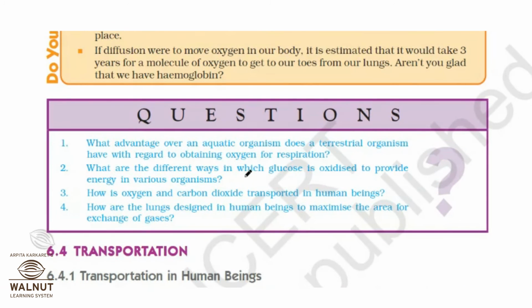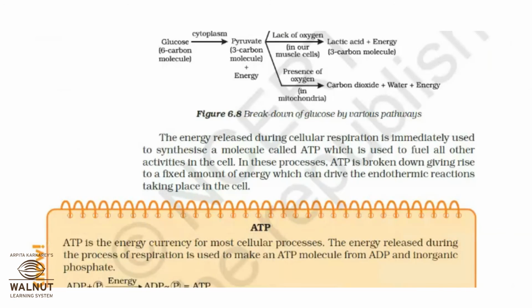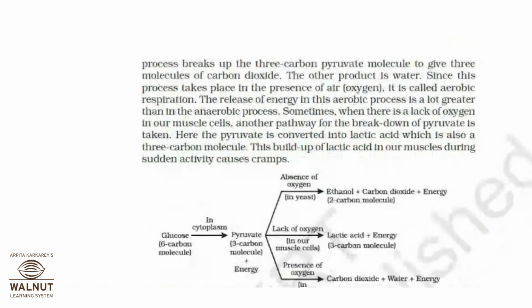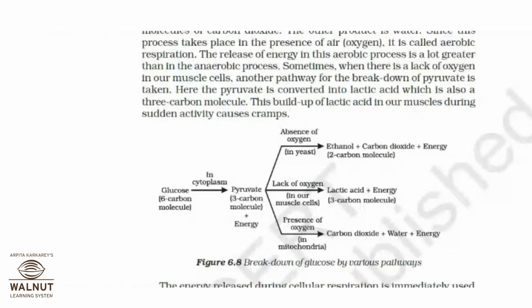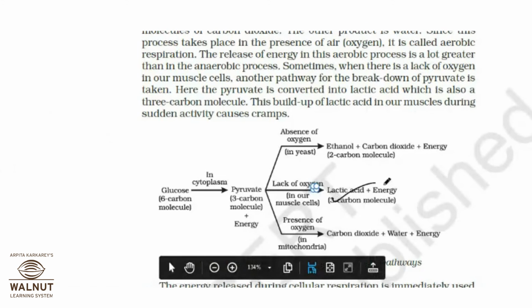CO2 plus water plus energy. Again, glucose is broken down into pyruvate, but if there is an absence of oxygen, what will be the byproducts? This chart is very important. Lack of oxygen forms lactic acid plus energy.